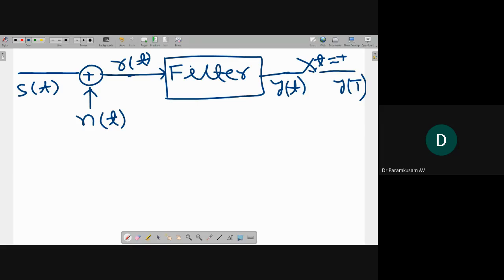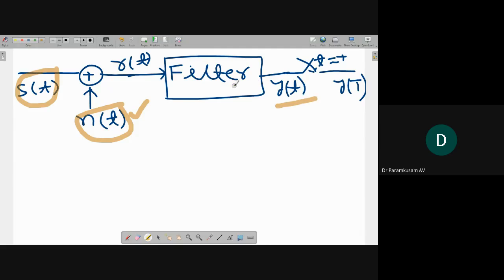Where S of t and n of t be the signal and noise components, where n of t is the white Gaussian noise. The y of t is the response of the filter, the output of the filter.